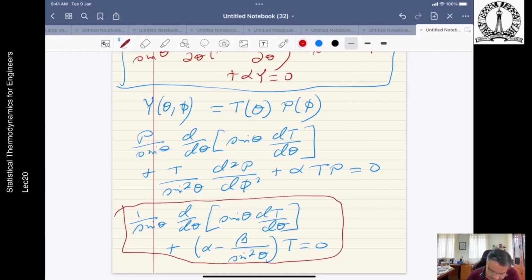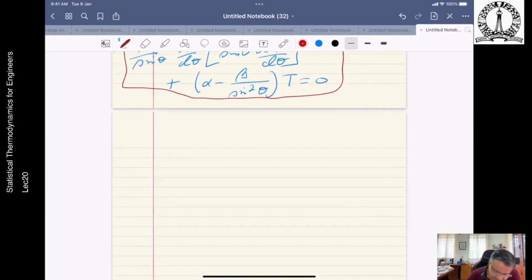All right. And the other expression is d squared P by d phi squared plus beta P equal to 0.